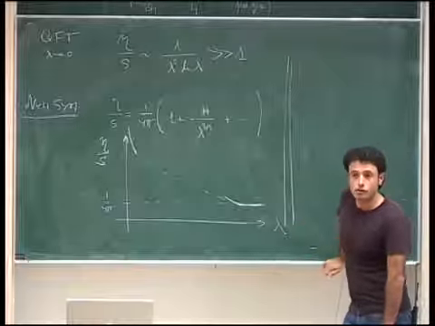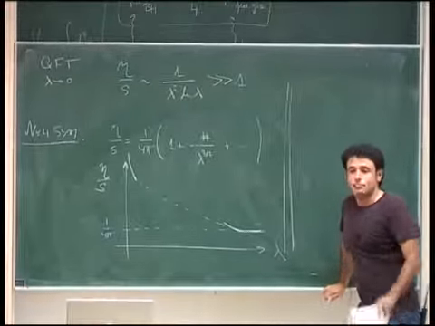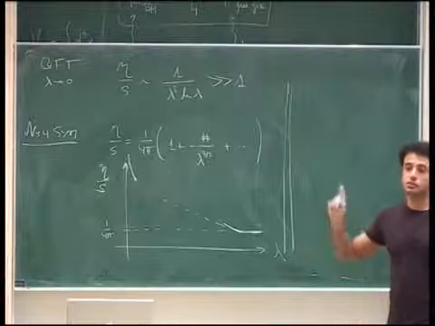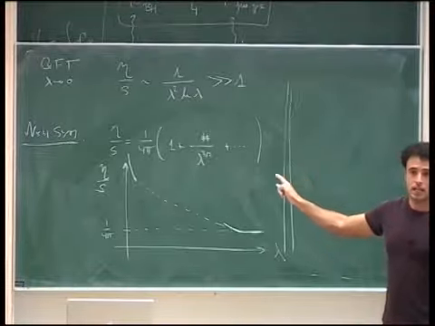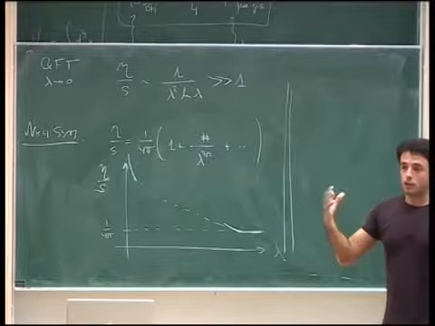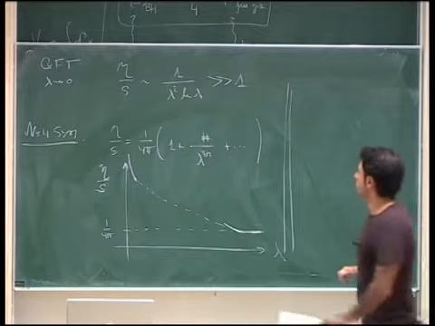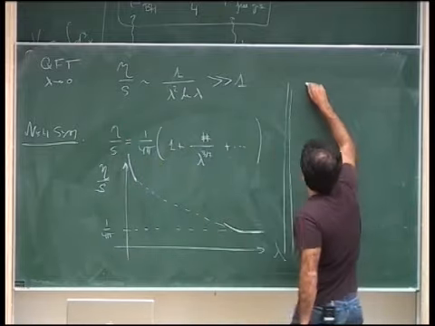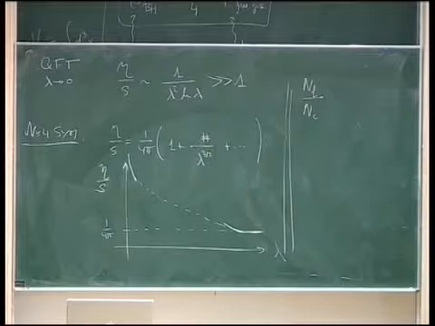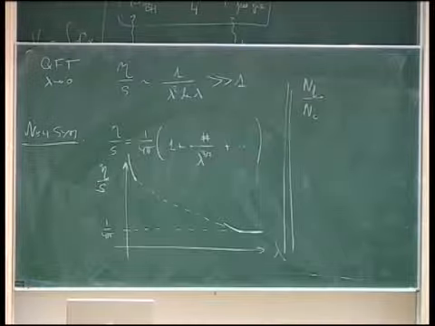1 over n corrections are very, very hard to compute, but you can at least calculate one such correction, which is the one associated to introducing fundamental matter in the theory. Remember, when you introduce fundamental matter, the quarks will give a contribution to this ratio that's suppressed by nf over nc, just like their contribution to any generic quantity in the large n.